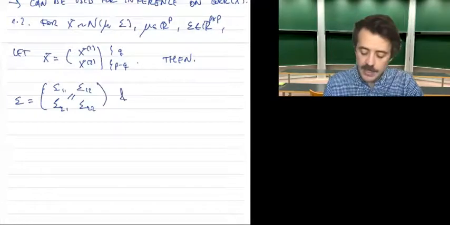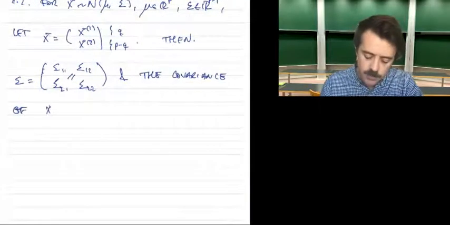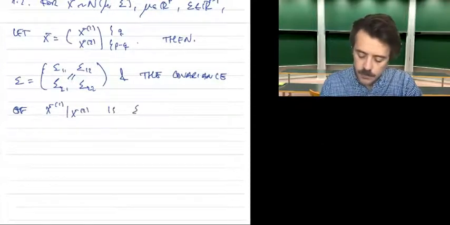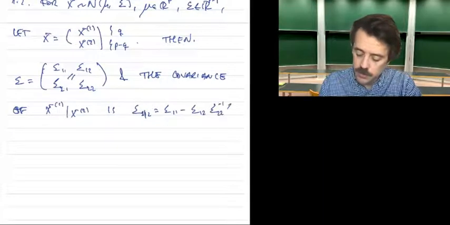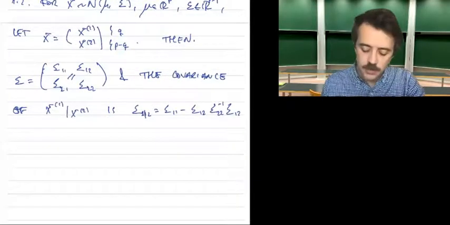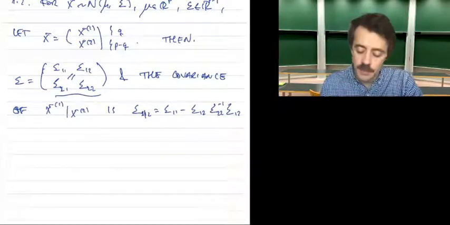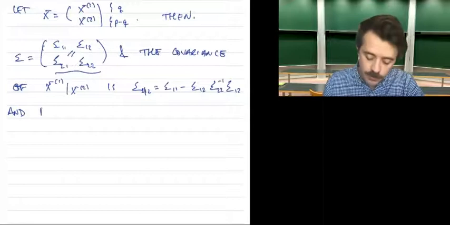And the covariance of x1 given x2, which we can denote as Sigma_{1|2}, is actually Sigma_11 minus Sigma_12 Sigma_22 to the minus 1 Sigma_21. I write it again because we have this equality between them that I wrote here. Okay, so we get that, and then the other thing that we get is the partial correlations, which are the following.